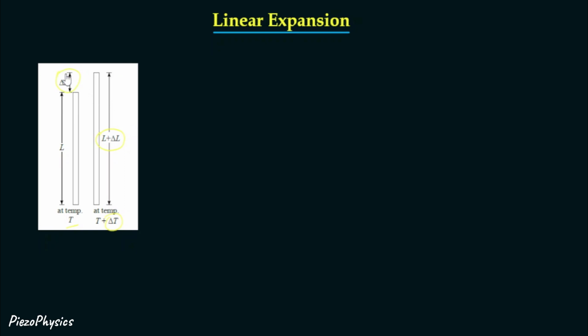So this increase in the length is a linear expansion. This expansion is directly proportional to the change in temperature delta T. Also, this change in length is directly proportional to the original length L, right?